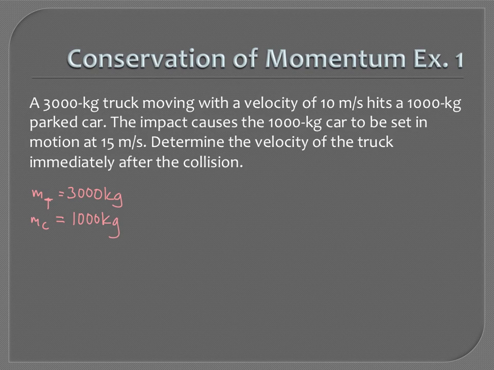Okay, so the truck was moving 10 meters per second. So the initial velocity of the truck was 10 meters per second. Parked car, what does that mean? Initial velocity is 0 for the car.